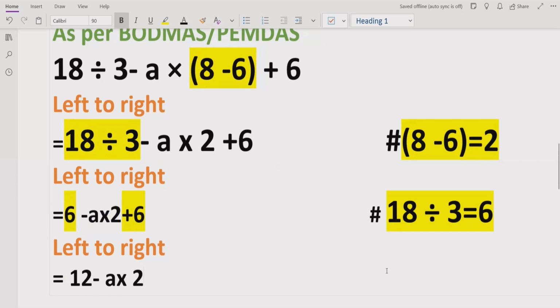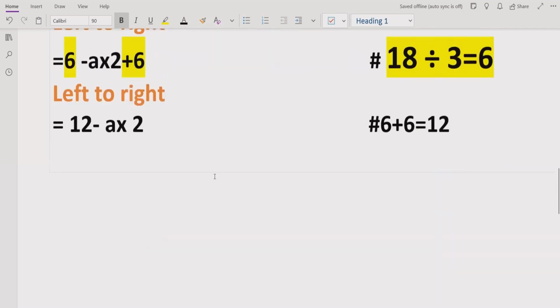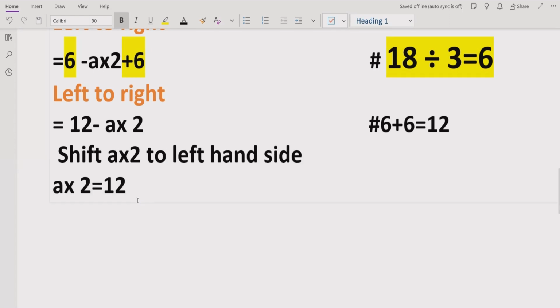Now we give the reference here: plus 6 equals 12. Now we have the unknown a here. So now we shift a multiplied by 2 to the left hand side, equals 12.